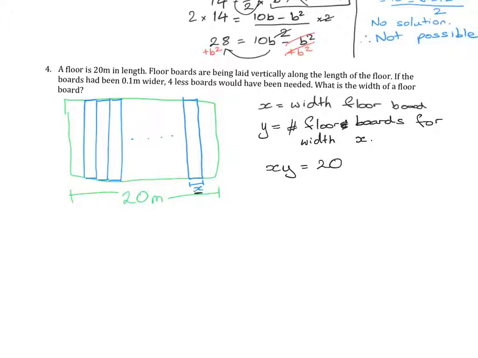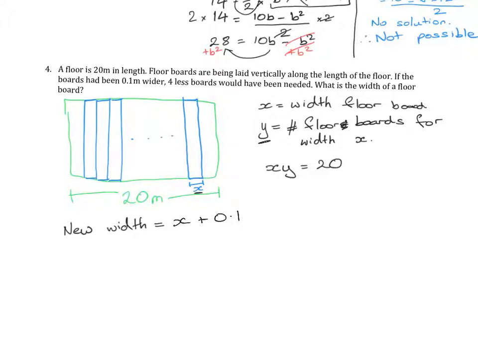Basically, the new width would equal x plus 0.1. And for this new width, the number of floorboards is 4 less than the previous number of floorboards, which was y.